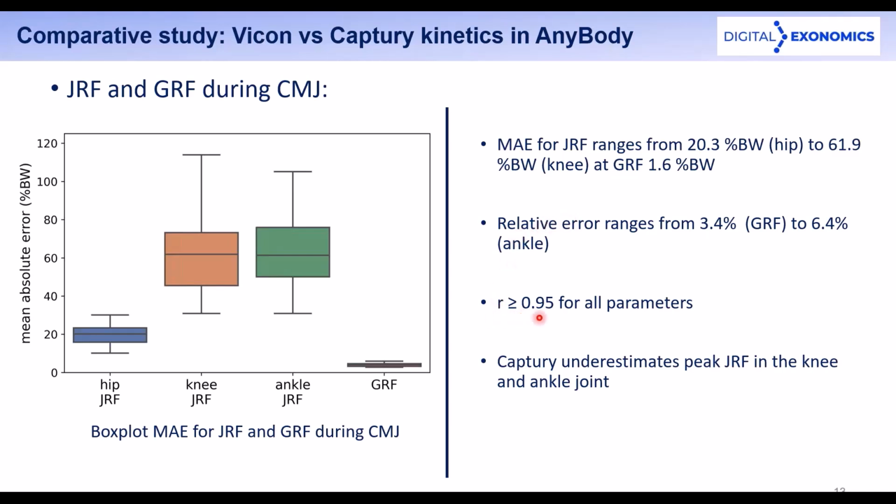Again, we see very high correlations for all joint reaction forces and ground reaction forces. But what we notice is that Captury tends to underestimate the peak joint reaction force in the knee and the ankle joint. So Captury fails to quite get these peak forces right for the counter movement jump.